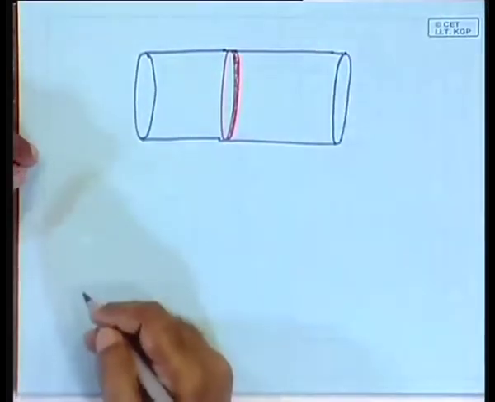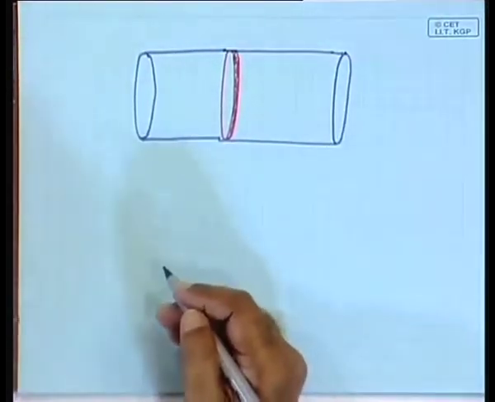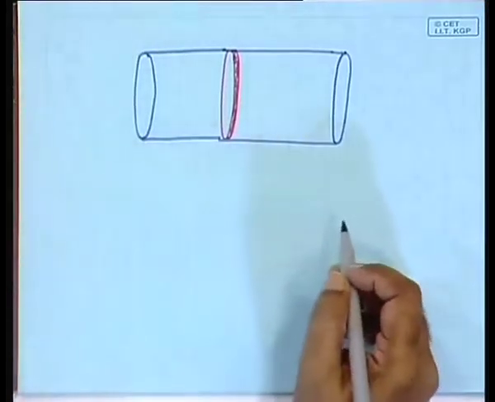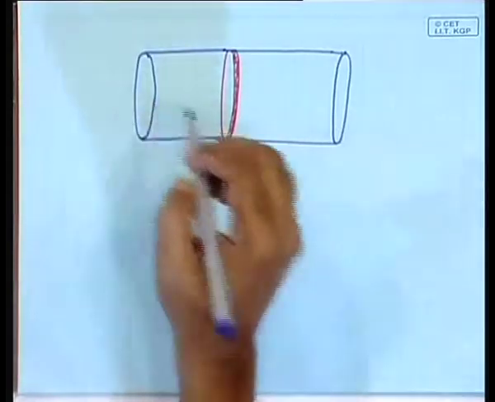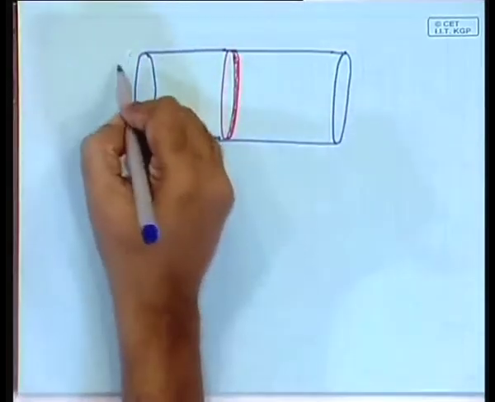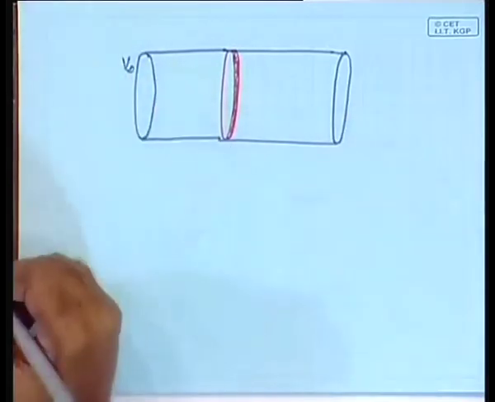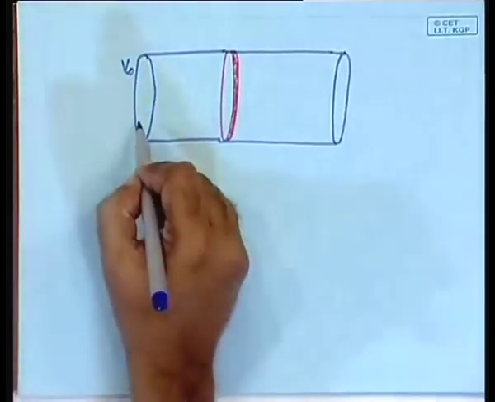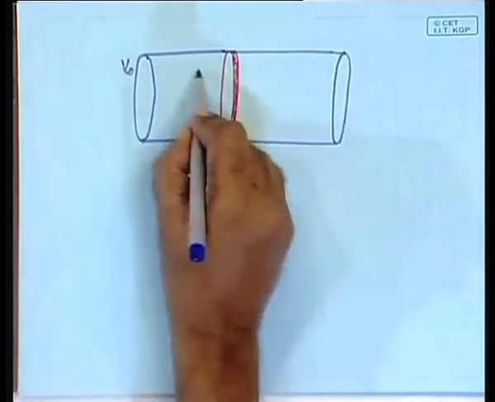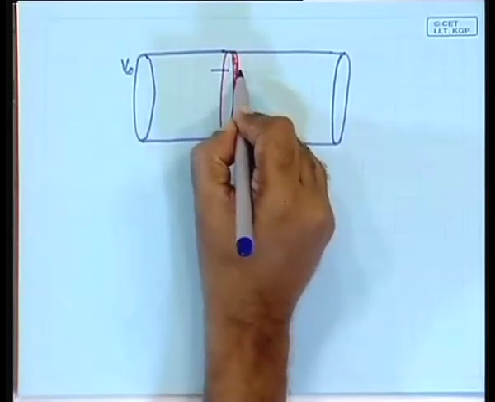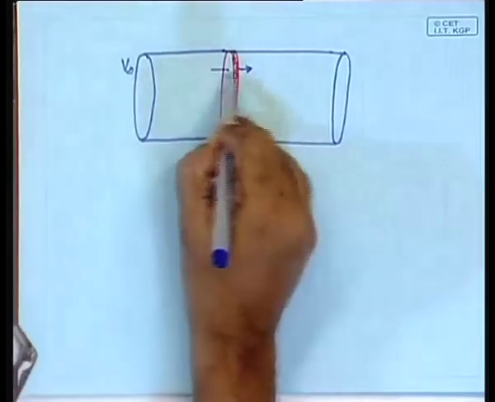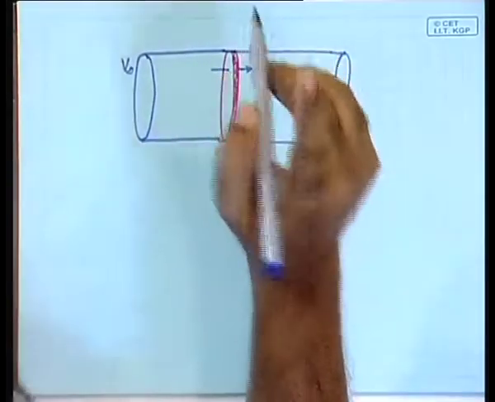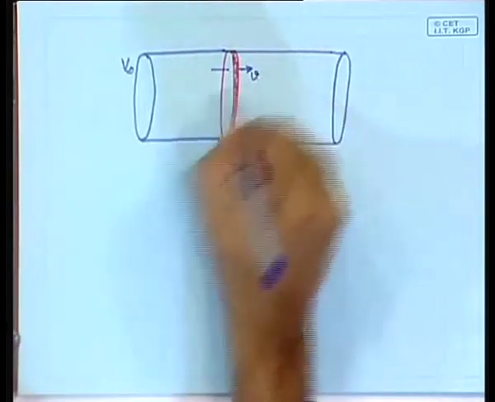Okay. Now, we will have to put in the various velocities and pressures. Here the velocity is, ideally at infinite distance from this, V infinity. It goes through the machine, and here there should be another velocity, say small v.